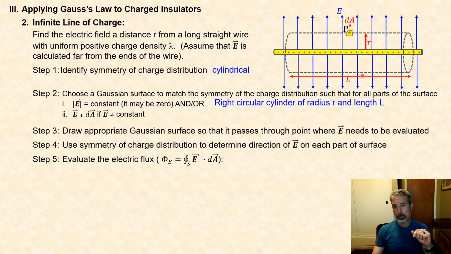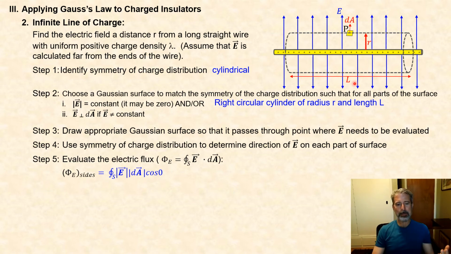If you're on this part of the surface here, dA is again going to be in the same direction as the field. Just like we saw for the sphere, the electric field is constant over that portion of the surface at a given radius, because every little piece of any side here has the same radius. The field should have the same constant value at that same distance due to the symmetry.